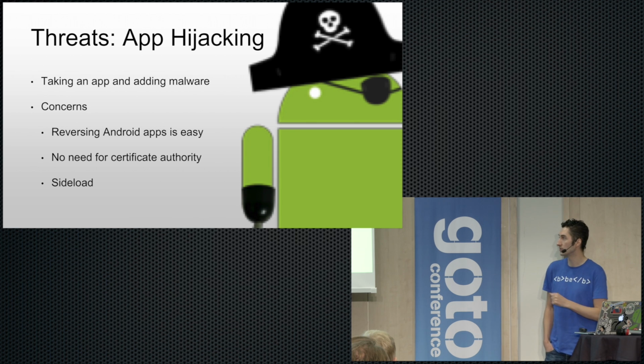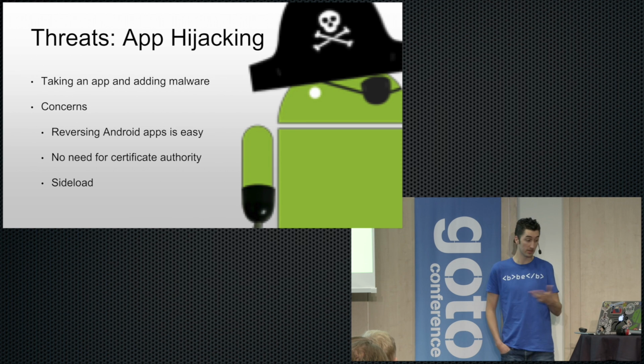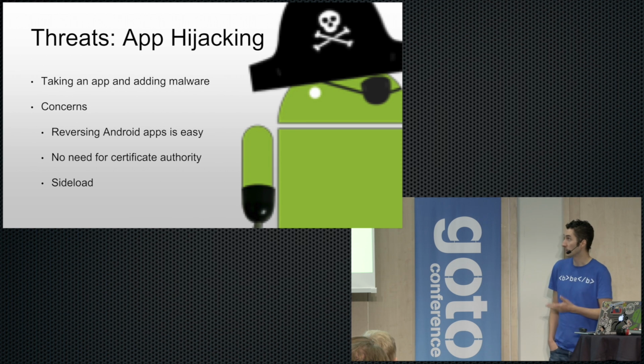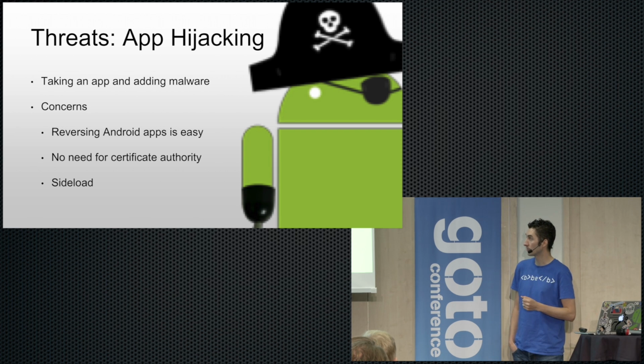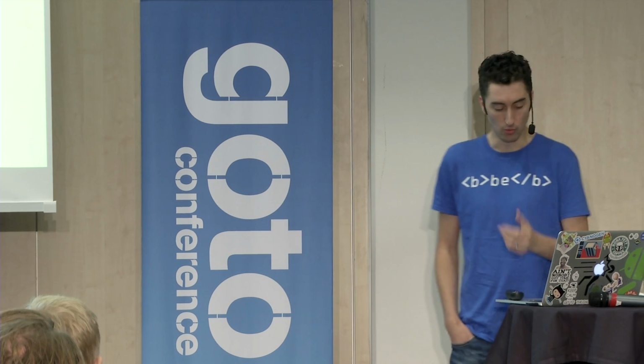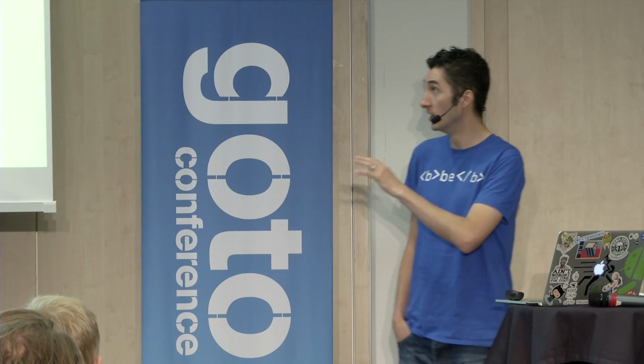It's just an option you turn off on the device. Those three things make app hijacking more of an issue than on iOS, where it's a lot more difficult to sideload apps. We'll talk in part 2 about some of the defenses you can put into your app to guard against app hijacking.